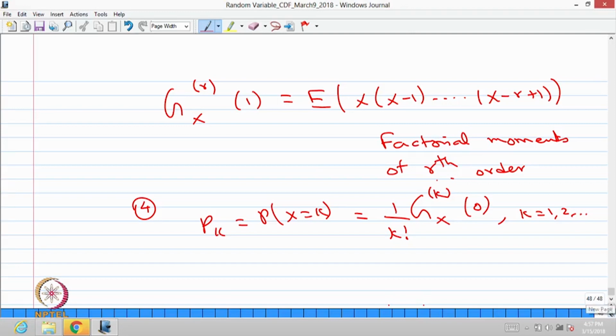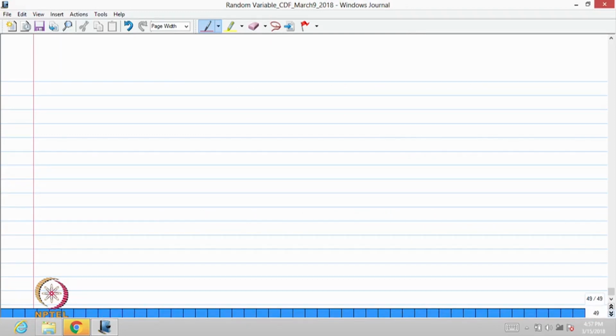So, by knowing the probability generating function you can get the probabilities, whereas the definition says if you know the probabilities you can get the probability generating function for a non-negative integer valued random variable. Let us go for finding the probability generating function for the random variable which is of a non-negative integer valued.